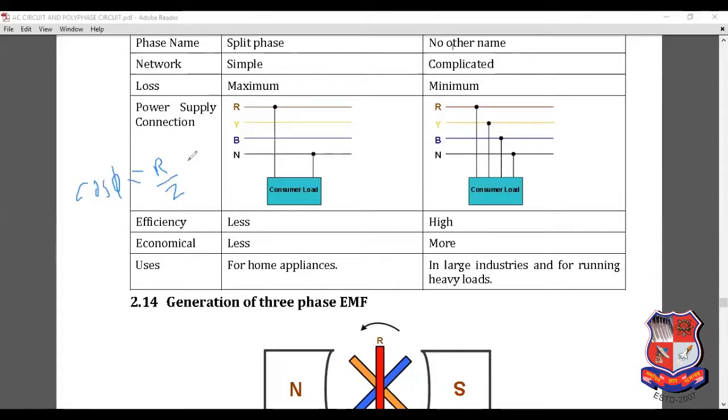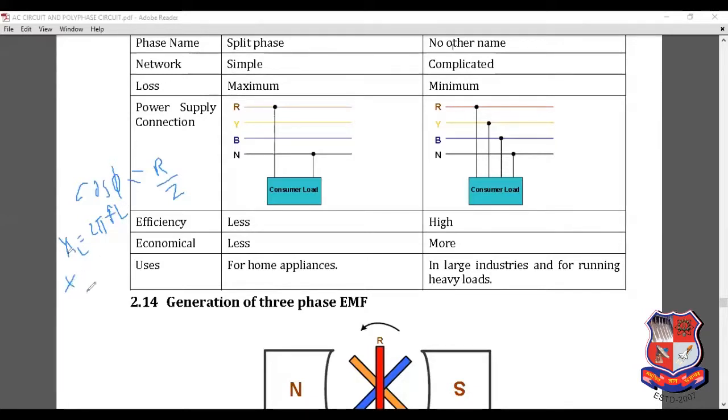In all DC circuits, we are not concerned with the frequency dependent components, it means L and C. Why? Because XL is equal to 2 pi FL. XL is the inductive reactance, and again frequency is there, so it is a frequency dependent component.